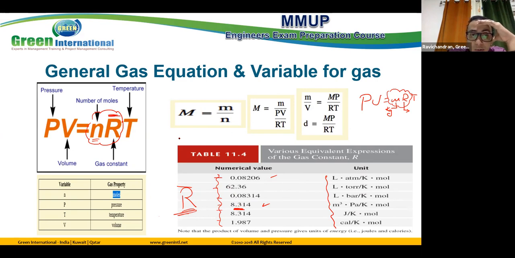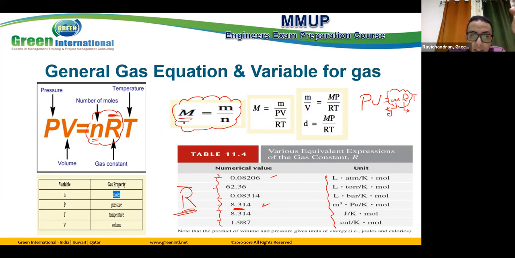Okay, back to the equations: PV = nRT and PV = mRT. How do we change from nR bar to mR? There is a relation between number of moles and mass, which is the molar mass. Capital M, the molar mass, is also a value that depends on the type of gas.